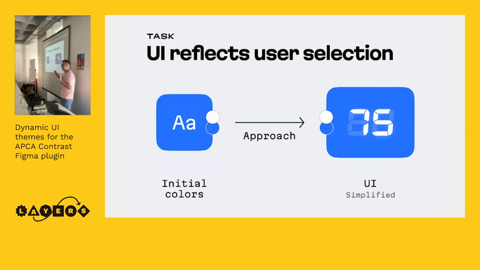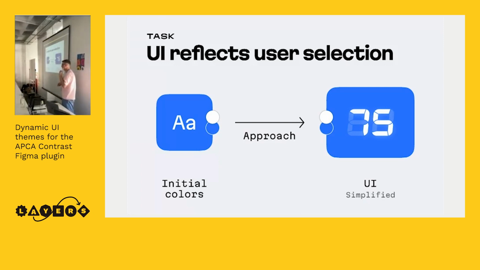So, our task is that we should take two initial colors as an input. And also we have the user interface. And this user interface should somehow reflect the initial colors. I want to ask you, think, how would you solve this task?